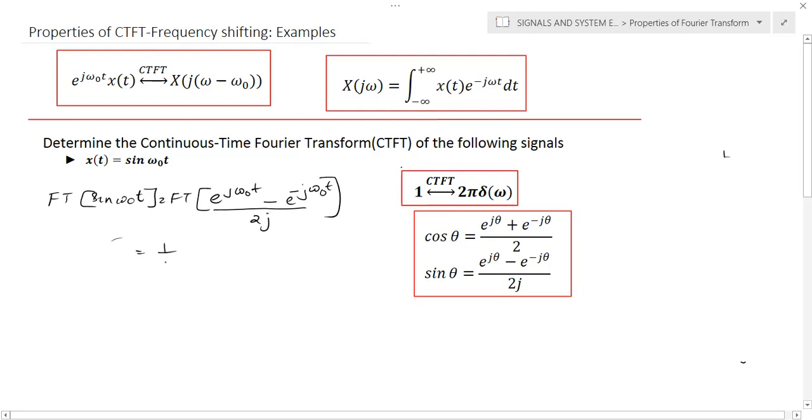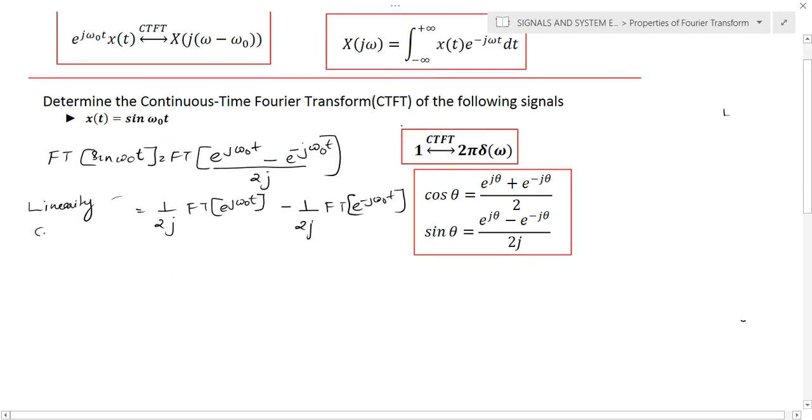So you can write 1 by 2j Fourier transform of e raised to j omega 0 t minus 1 by 2j Fourier transform of e raised to minus j omega 0 t. By applying the linearity property of CTFT that we already discussed, we can find the transforms individually.